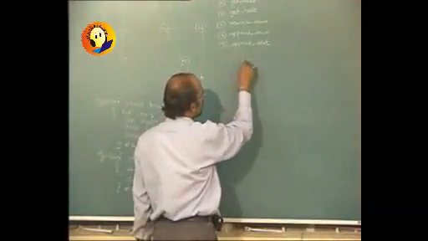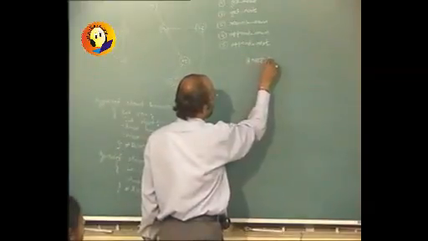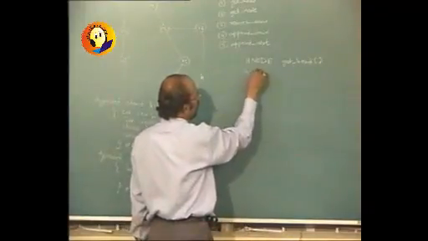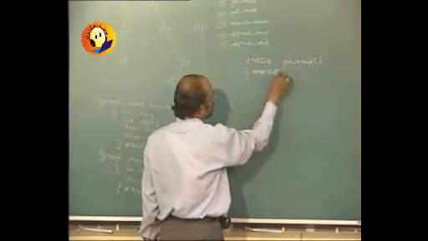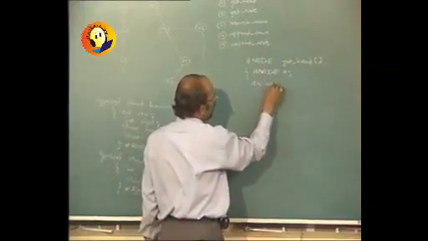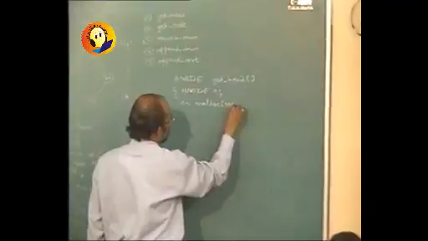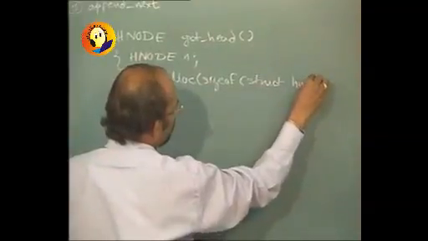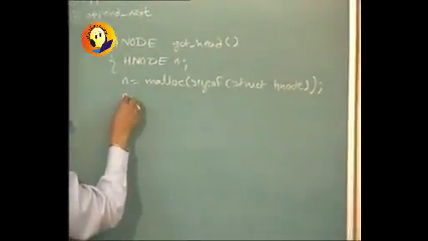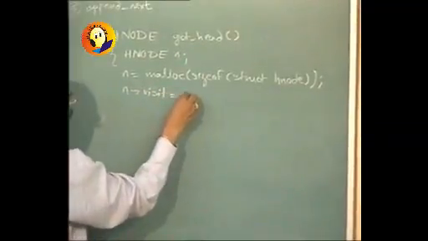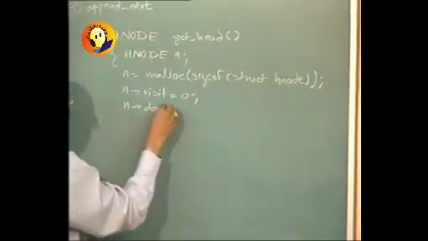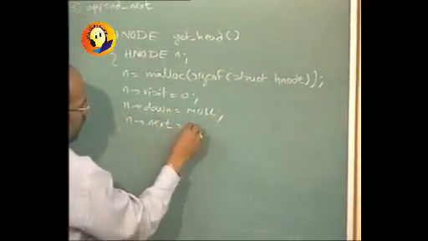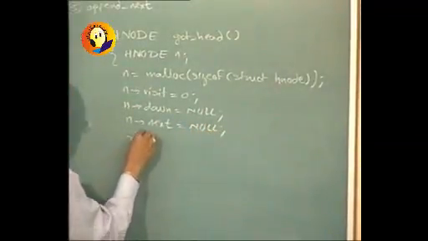The first function will be hnode type get head, where you will declare hnode type n equal to malloc sizeof struct hnode. n arrow visit equal to 0, n arrow down equal to null, n arrow next equal to null, return n.